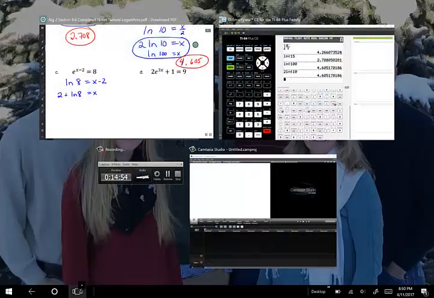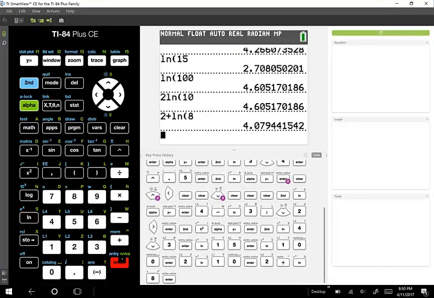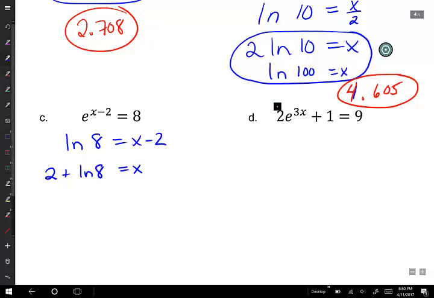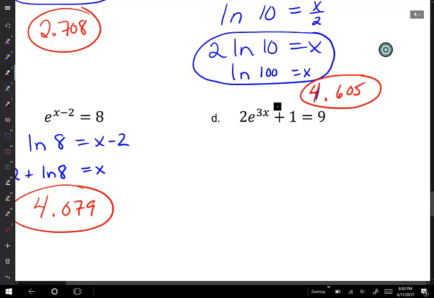So if we evaluate 2 plus the natural log of 8, that's going to be 4.079. So pretty straightforward there in terms of evaluating. 4.079 for our approximation.